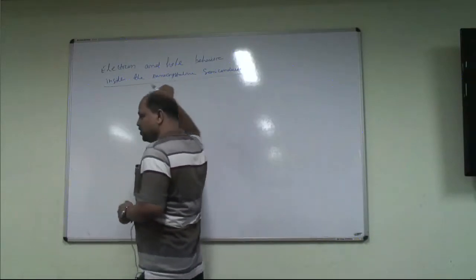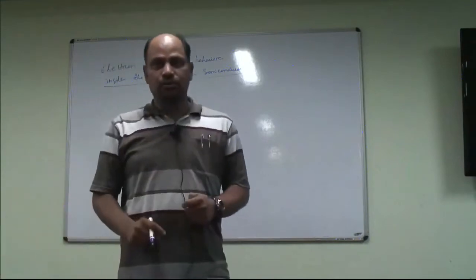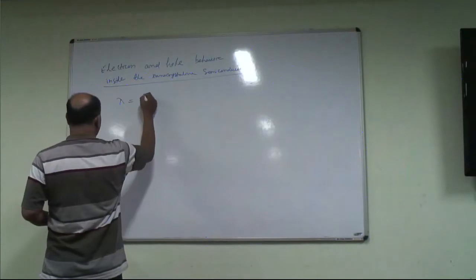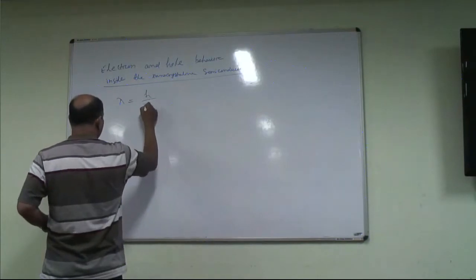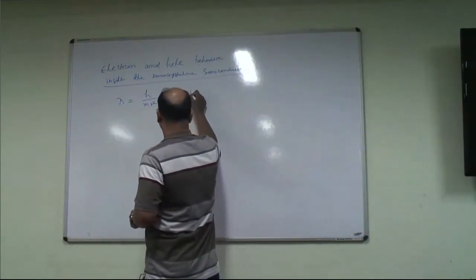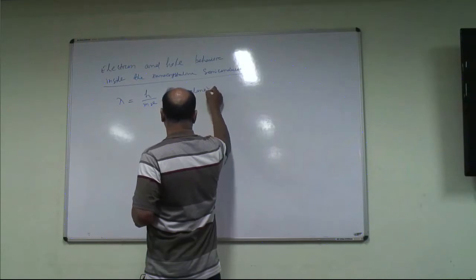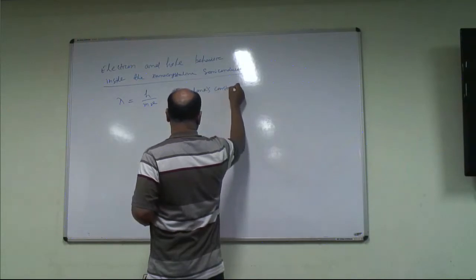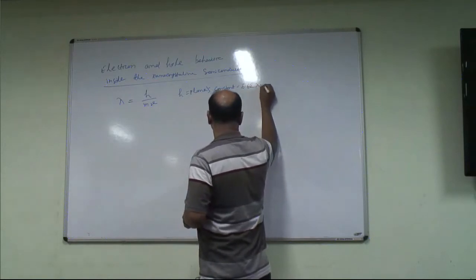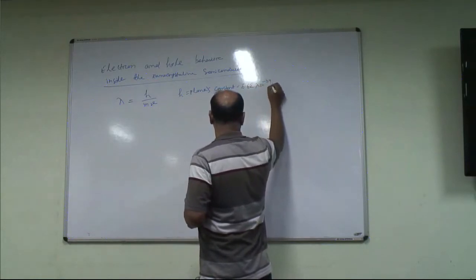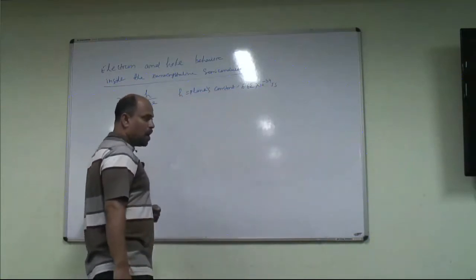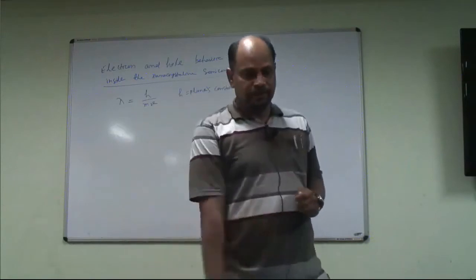So, as we discussed, the de Broglie hypothesis says the wavelength of any particle can be written as h by mv, where h is the Planck's constant, and its value is 6.62 into 10 to the power minus 34 joule second, and the mass m is the mass of the body and v is the velocity of the body.